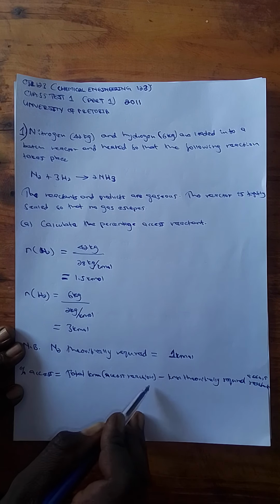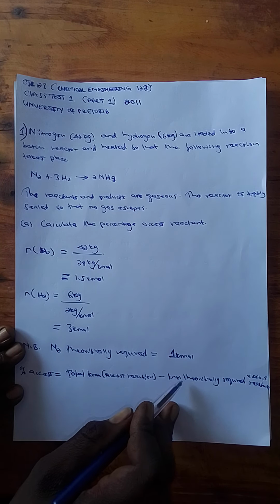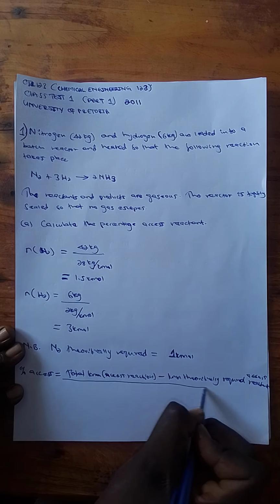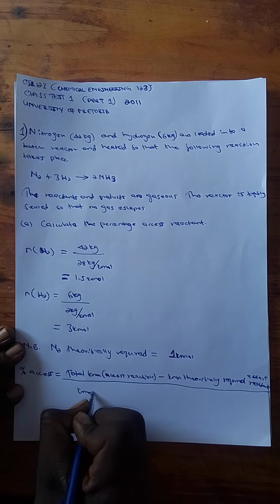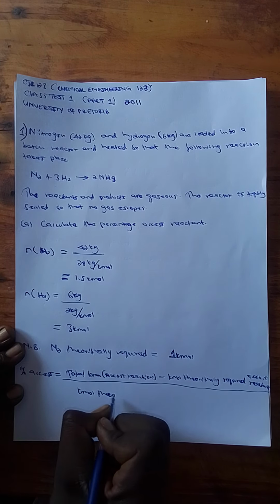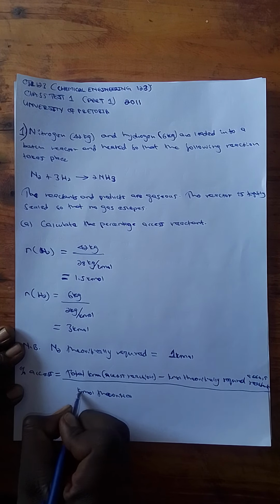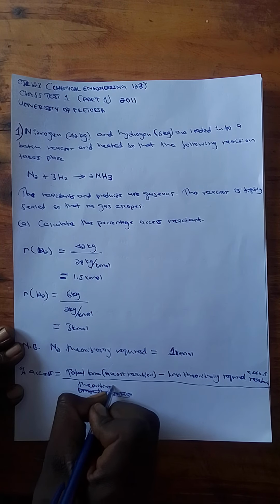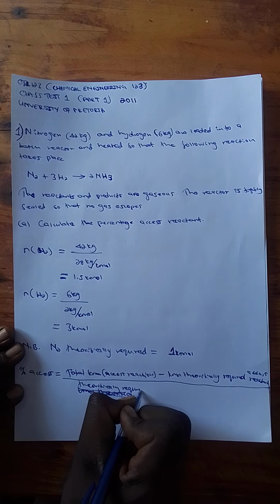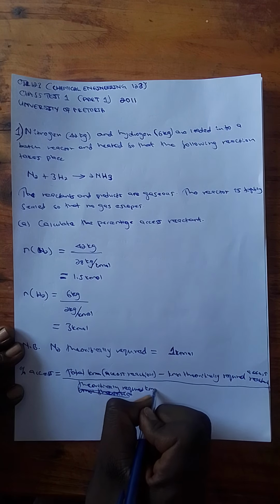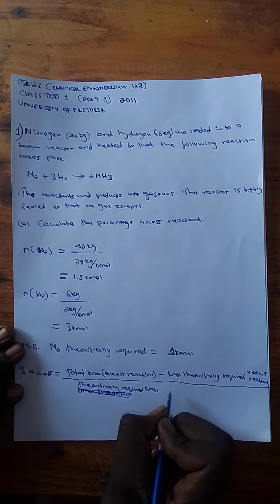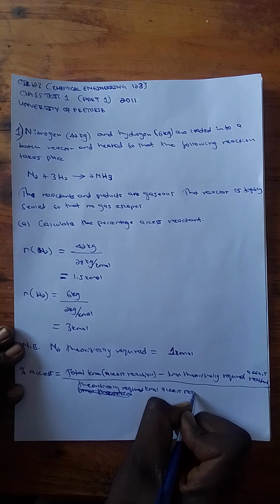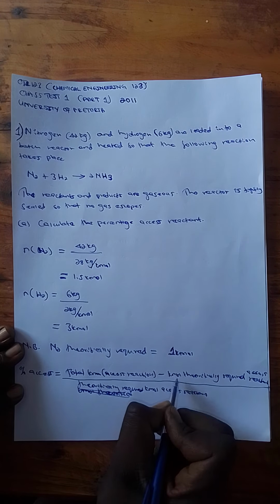So it is the total kilomole of the excess reactant minus the theoretically required kilomole of the excess reactant, all over the theoretically required kilomole of the excess reactant.